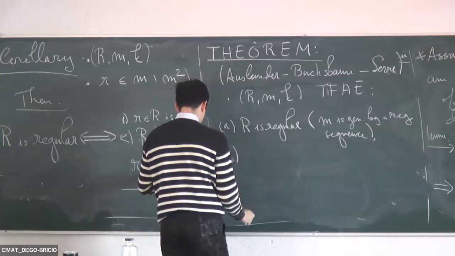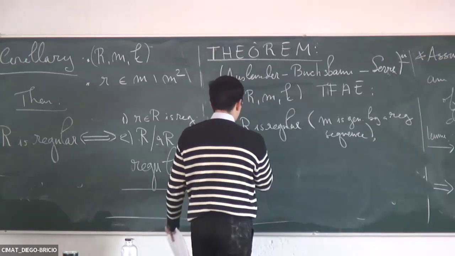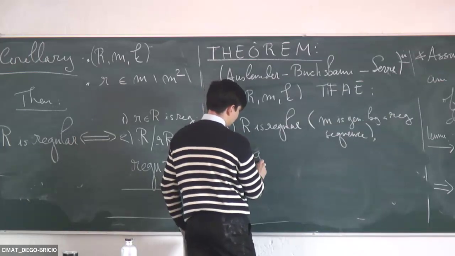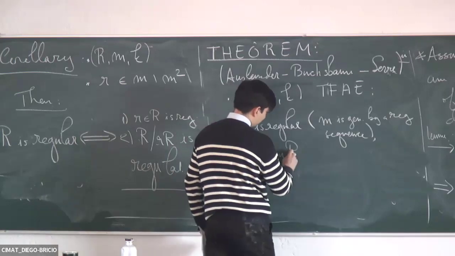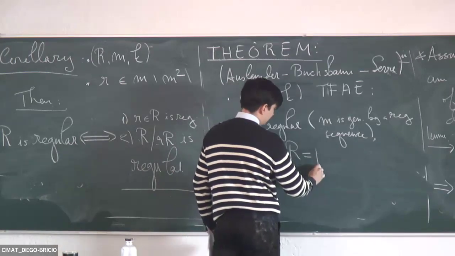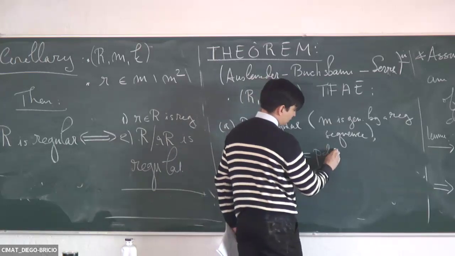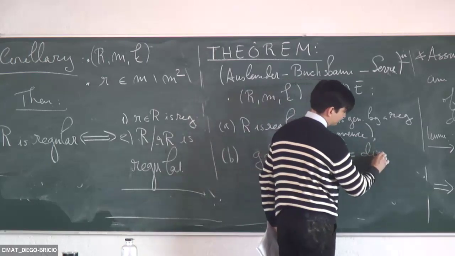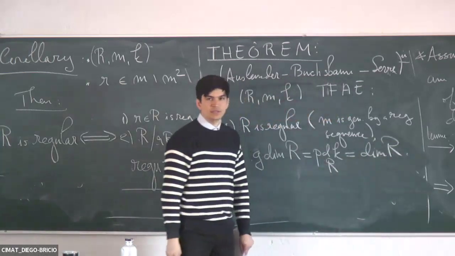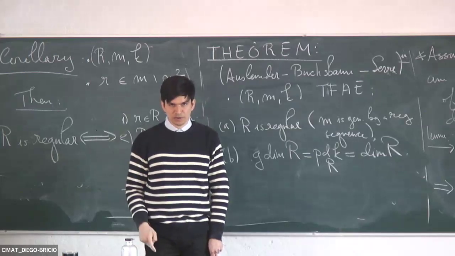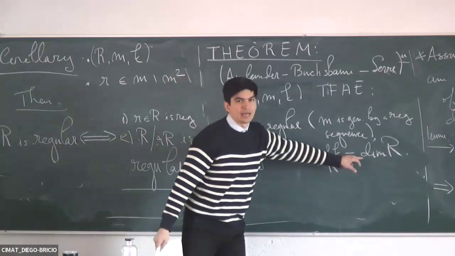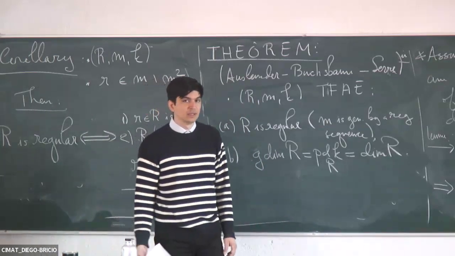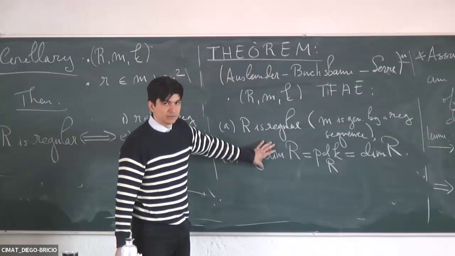B, let's put it like this, the global dimension of R, which remember is given by the projective dimension of K, the residue field, equals the dimension of R. In other words, R has finite global dimension, and it happens to be equal to its dimension. We proved that all local rings have this property.